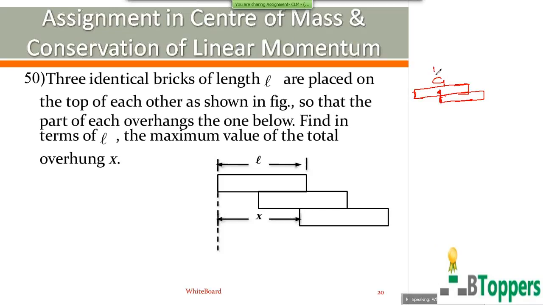So at the maximum, the length of the top block that can project beyond the left edge of the middle block is L by 2. Now the center of mass of the middle block will be at its geometric center, so at a distance L by 2.